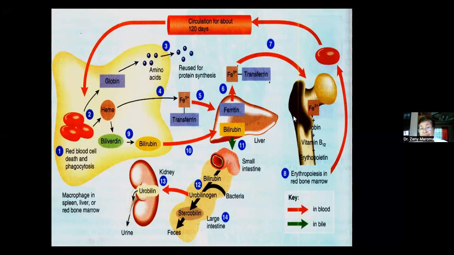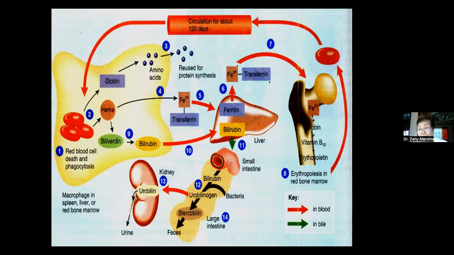It goes to the liver, and the liver conjugates it to direct bilirubin. So indirect is converted to direct bilirubin. And this bilirubin is now part of the bile.